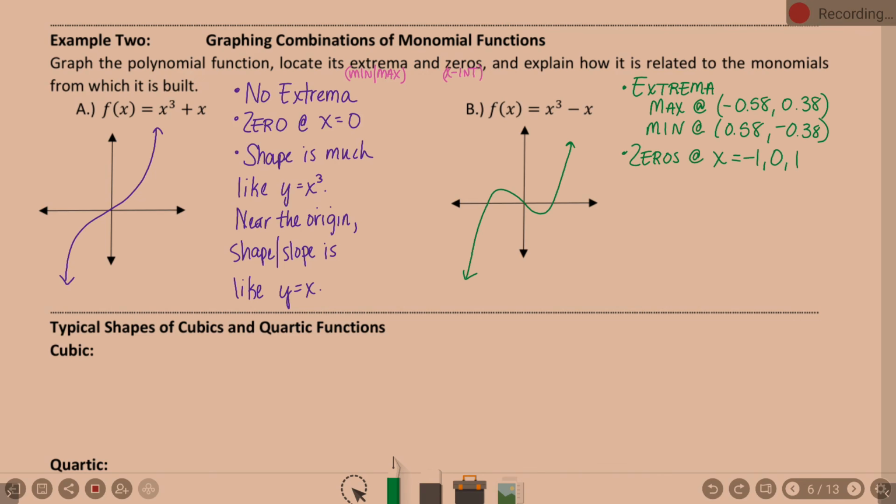Okay. Let's talk about the shape here. What are your thoughts this time? If I go back to a regular graph, does it still kind of look like x to the third overall?